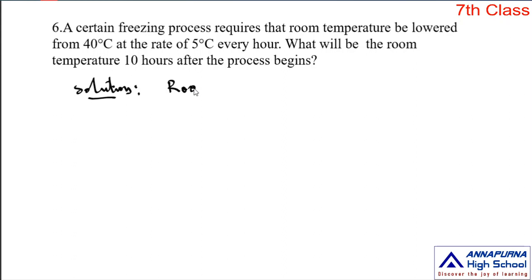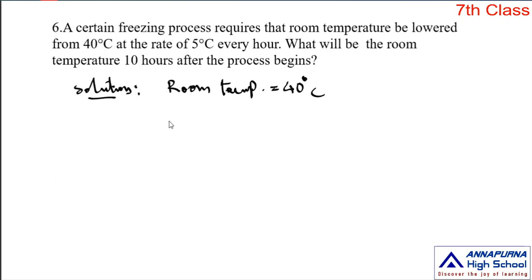Room temperature is, initial temperature is how much? 40 degrees. Room temperature is 40 degrees centigrade. So, here at the rate of 5 degrees centigrade every hour, the temperature is decreased. The temperature is lowered.